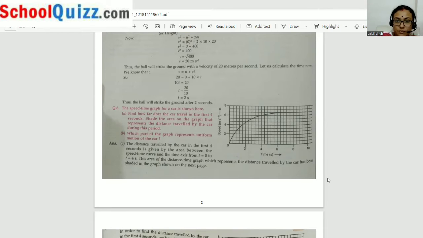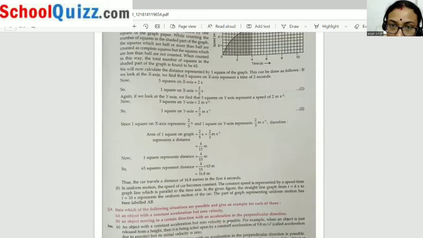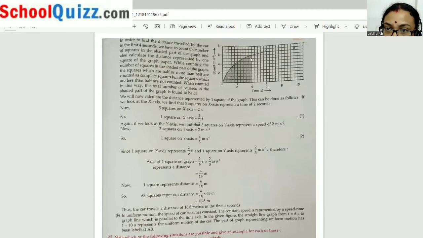Now how much distance is traveled? In the first 4 seconds, you can see this is the 4.